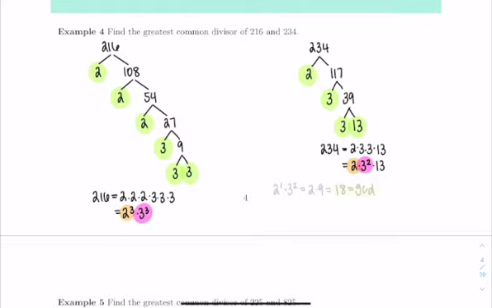So out of the 2's, the exponent is going to be 2 to the first, because it's the smaller of the two. And out of the 3's, we're going to use the 3 squared. And so we end up getting 2 times 9, which is 18. And that's going to be your greatest common divisor.